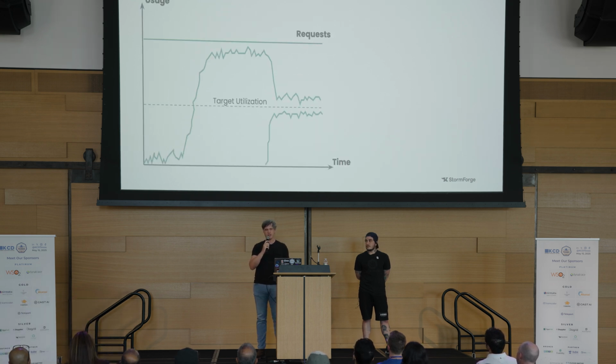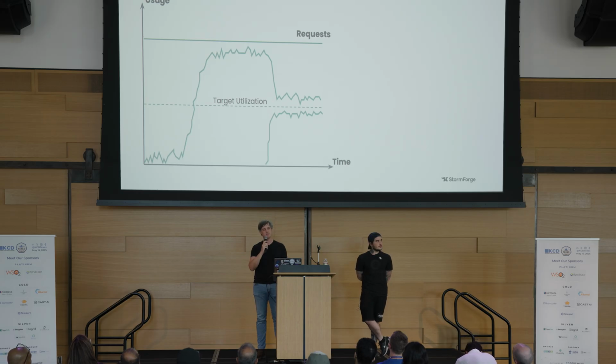So a little history of the HPA. The first version of the HPA which came out only supported scaling on CPU utilization. If you were to look at this, you would see usage, requests, and then how they evolve with time. You can see the first line, there's very little utilization, a load spike comes in, CPU usage goes way up, far above the target utilization that the HPA is trying to maintain.